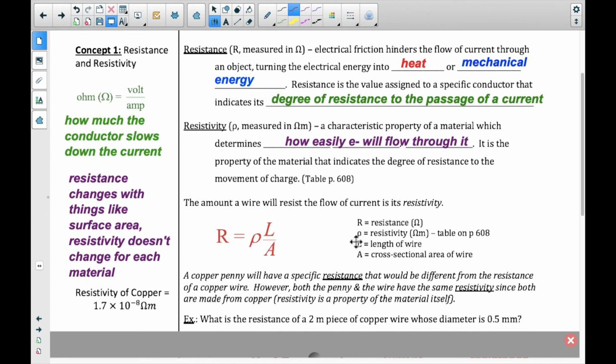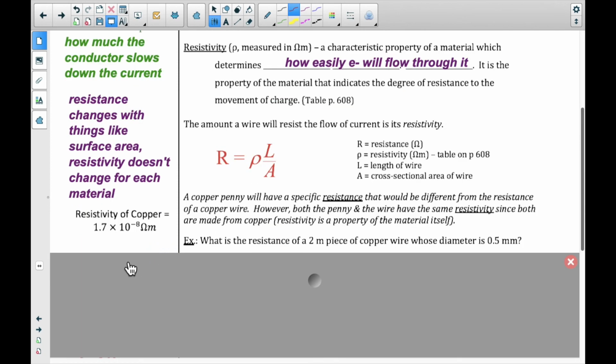Some of you might know that how far away you are from something might change how well the signal comes through. Also, a really thin wire is going to have more resistance. All three of those things, resistivity, the length, and the cross-sectional area, all will affect the resistance.